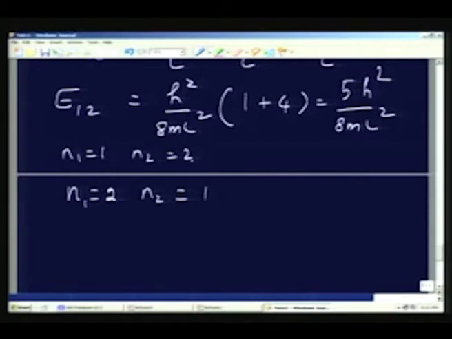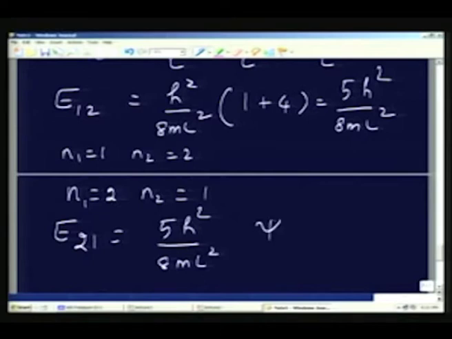But what about the energies? E21 is obviously 5 h square by 8 m L square, but psi 21 is not equal to psi 12. This is precisely what is called the degeneracy of the energies of the system.